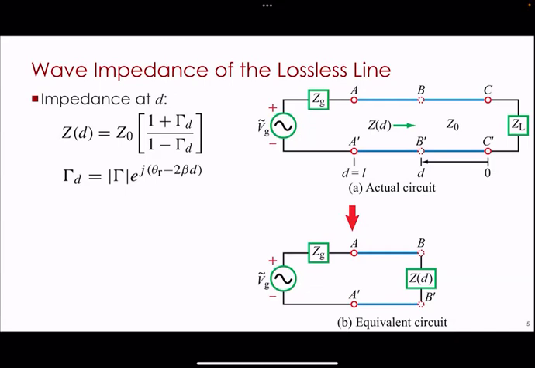And what we're heading towards here is an equation for the impedance at any position D in between the load and the input. Which means if we are able to calculate Z of D, and we're going to have an equation for this shortly, then that is what the input impedance is at B prime, looking towards the load.